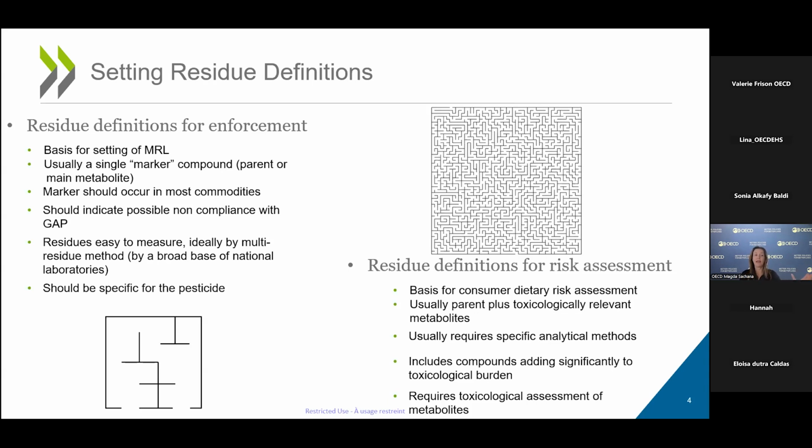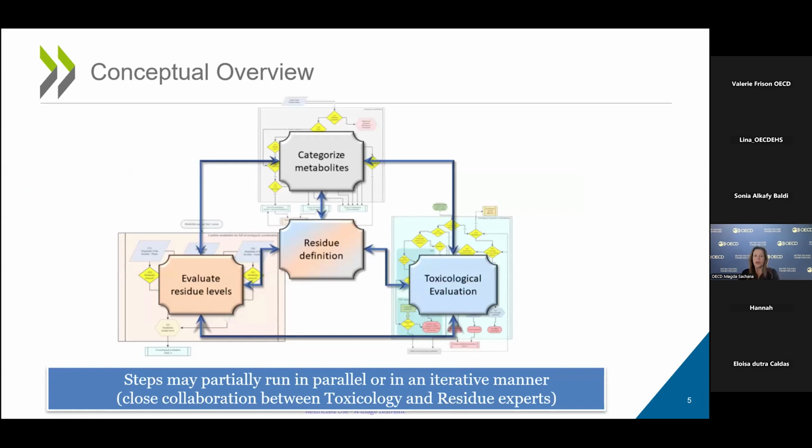Whereas in the first place, we don't need much interaction with the toxicologists. In the dietary risk assessment, the interaction of exposure scientists with the toxicologist is essential. So what you can see here is that conceptually we have broken the residue definition process into 4 steps.